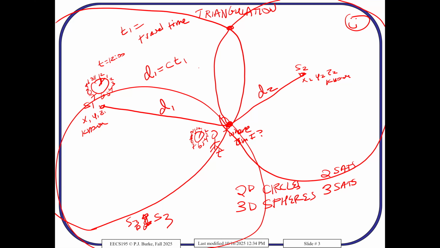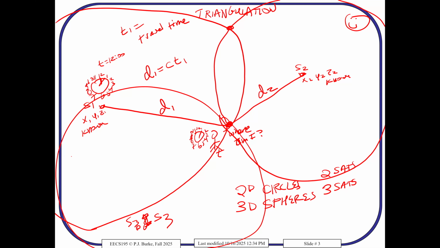Each satellite broadcasts the time that it sent the beacon. So the issue is that the clocks on the ground are not very good. And for satellites, the clocks for a long time were not very good either. So the satellite clock problem was solved by using laser clocks that are very stable.